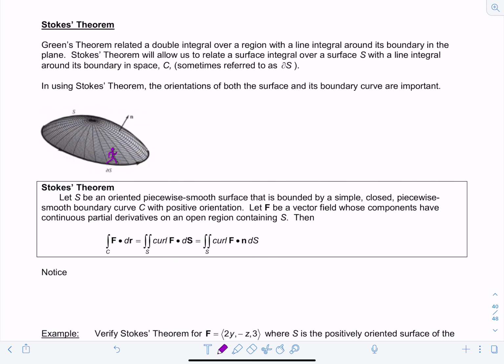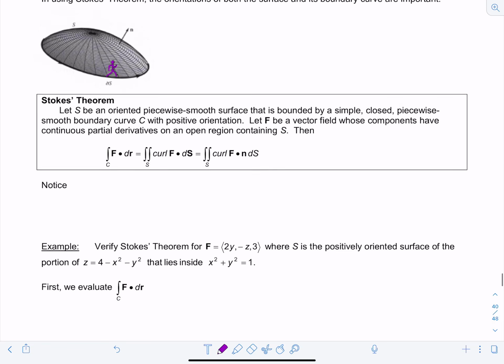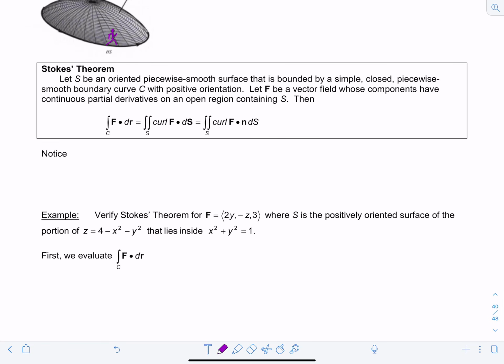Let S be an oriented piecewise smooth surface that is bounded by a simple closed piecewise smooth boundary curve C with positive orientation. And then let F be a vector field whose components have continuous partial derivatives on an open region containing S. Then the line integral over C of F dot dr, remember, what does this line integral represent?